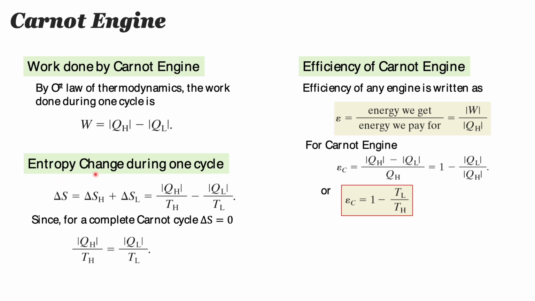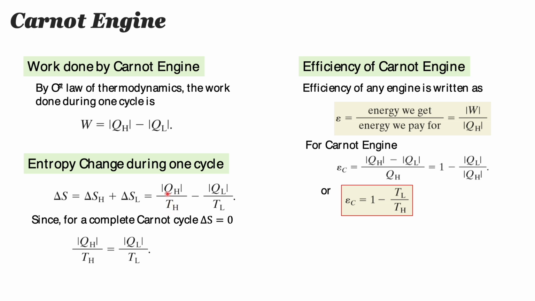And the entropy change during one cycle is represented like this. So this is the change in entropy of the final state, this is the change in entropy of the high temperature reservoir, and this is the change in entropy of the low temperature reservoir. So this is the heat which was absorbed from the high temperature reservoir at this temperature.